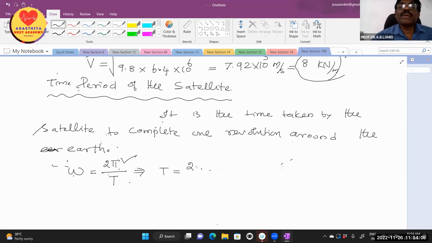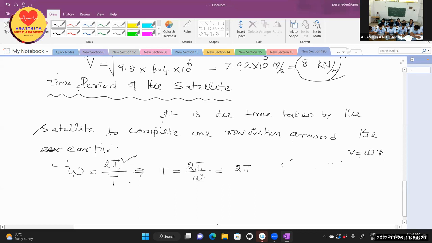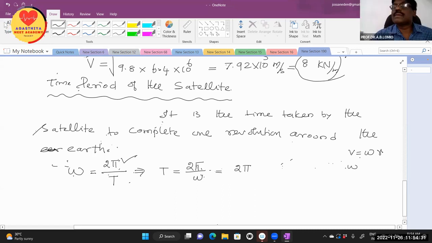That is why I am deriving the time period as T equals 2 pi divided by omega. Do you know the relation between the linear velocity and angular velocity? Linear velocity is the product of angular velocity into radius. Now, substitute omega as v by r.